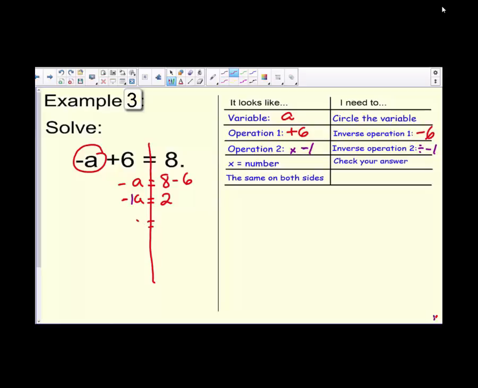That means that a is going to be 2 divided by -1. A positive divided by a negative is a negative, and 2 divided by 1 is 2, and this is my answer. So a is equal to a number which is -2, and now we're going to check.